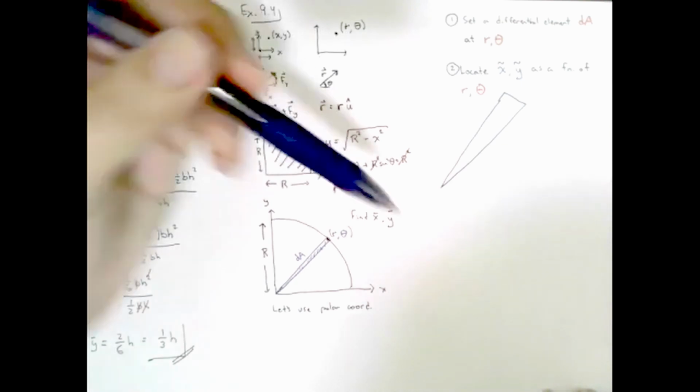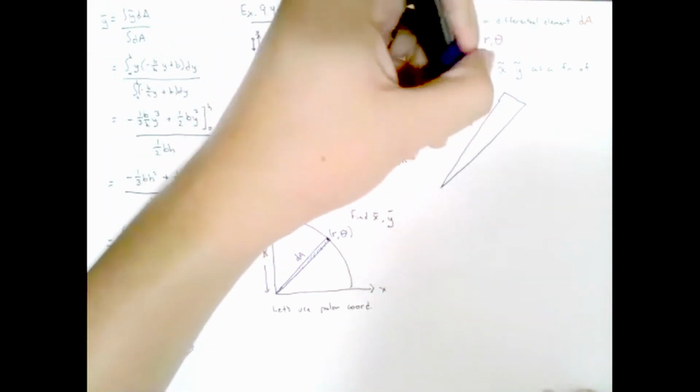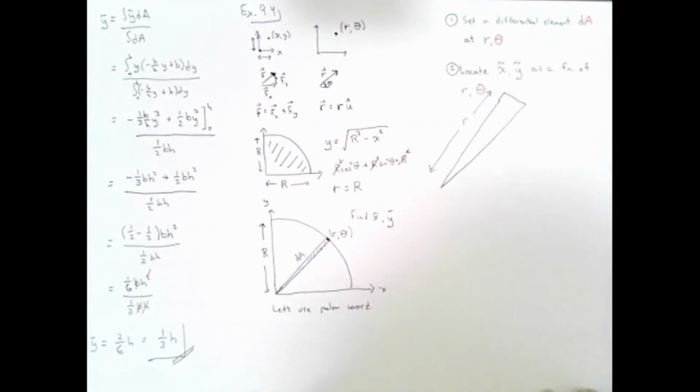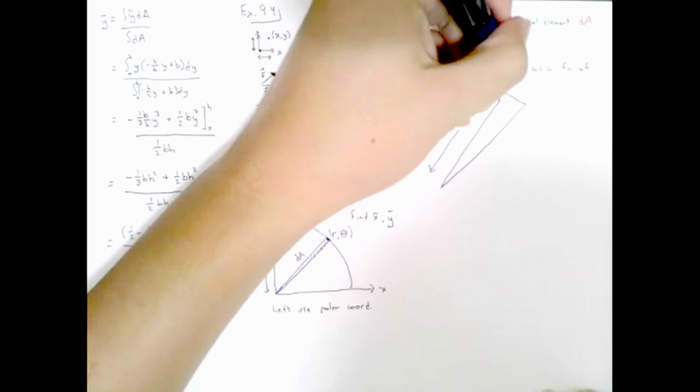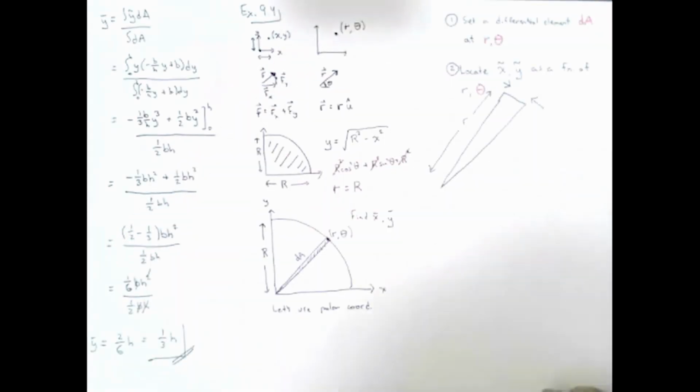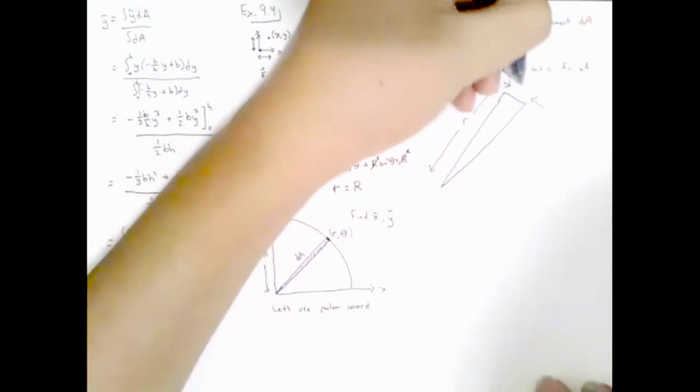R. Just r, right? So we know that our triangle will have an altitude of r, but it's a really small triangle with a very, very small area. So what do you think this very, very small area would be equal to? Remember, there we go, right? R d theta, right?